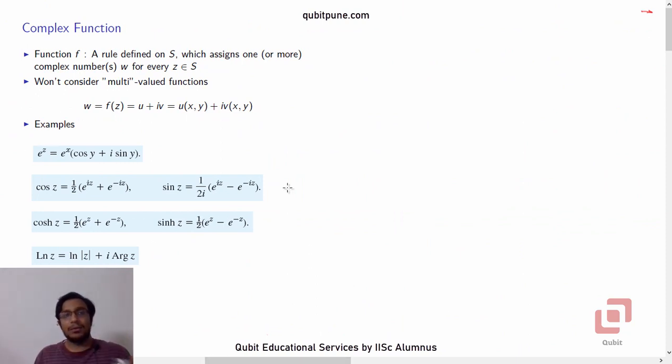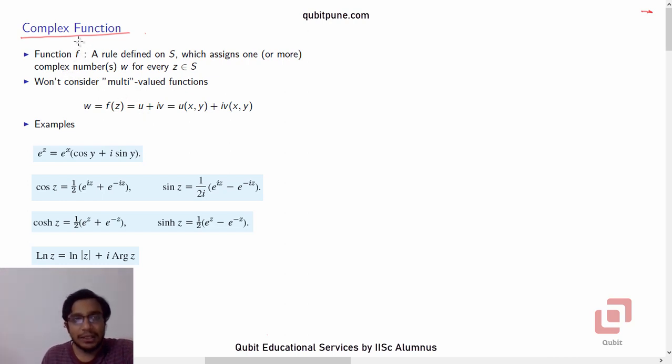So let us now go to complex functions. As I told you in the introduction part, we are not going to adopt the Cartesian product and relation approach here. So this is how we define a complex function.